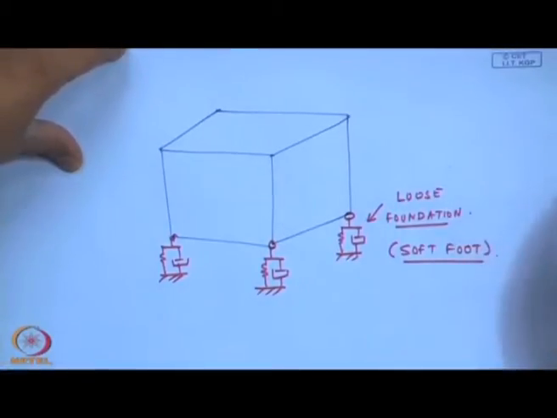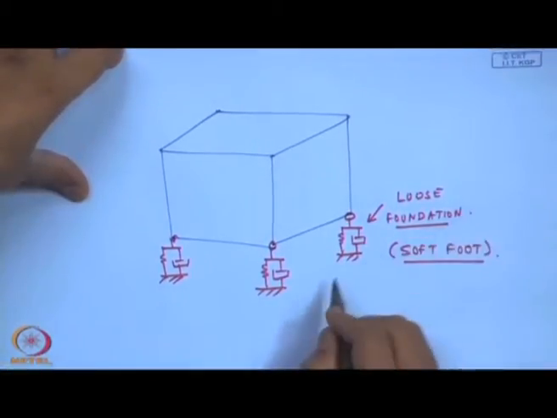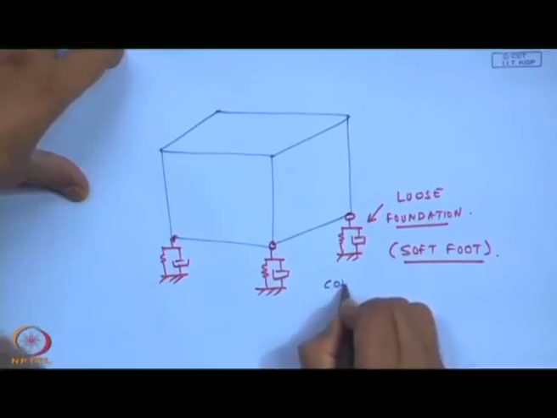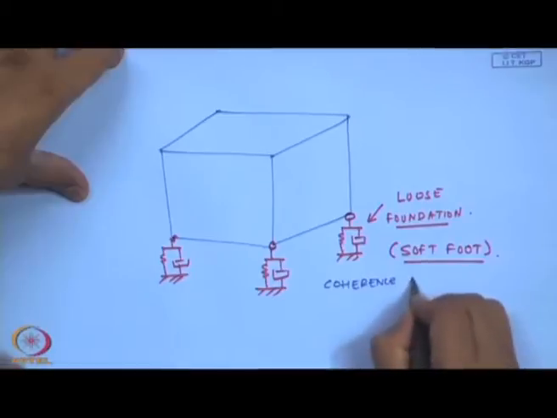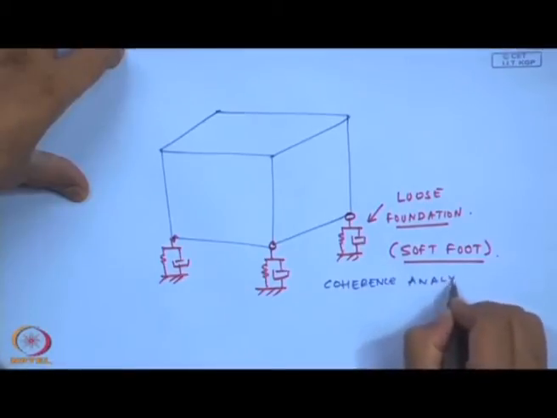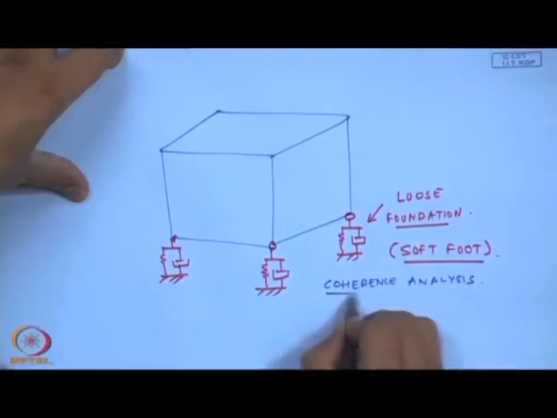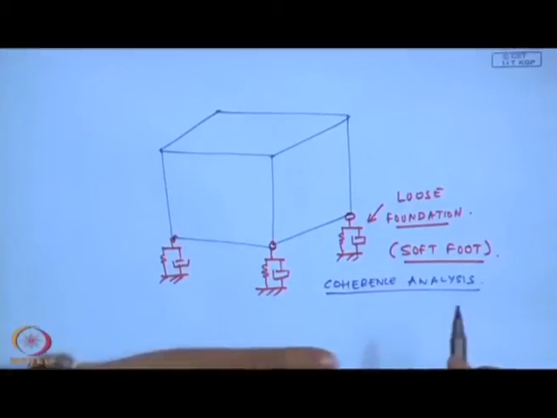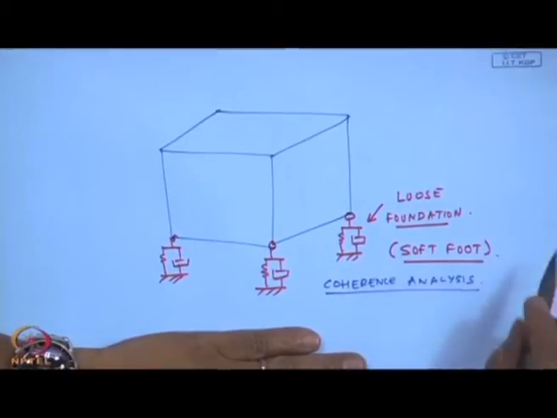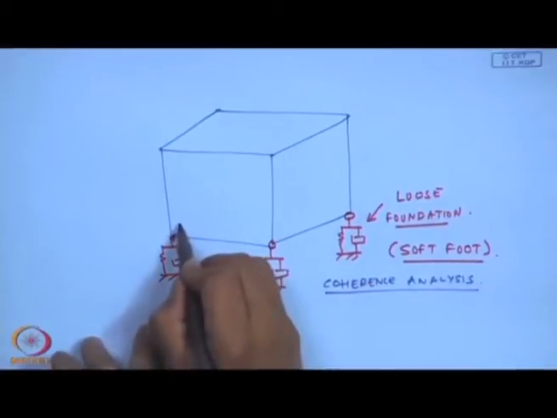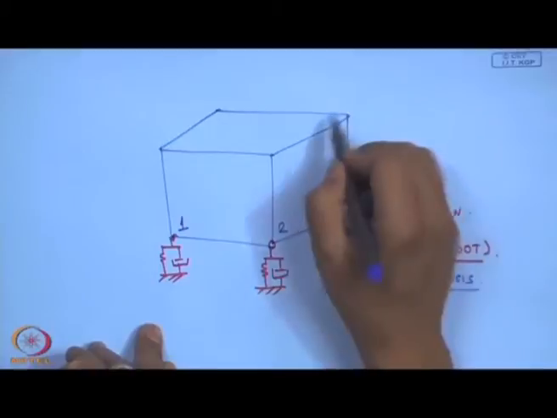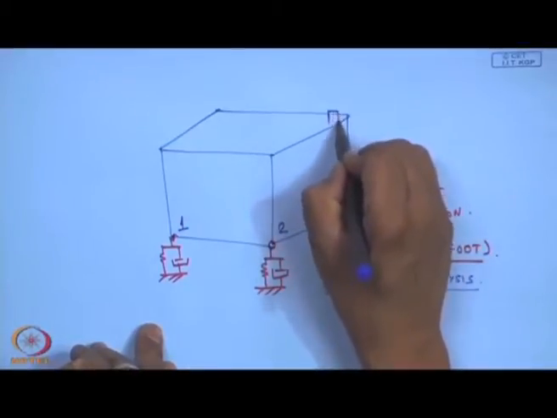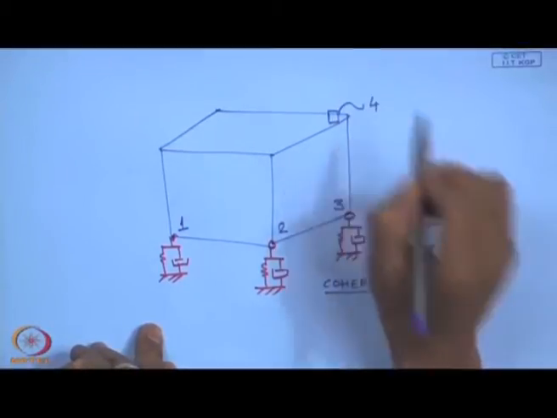Now, soft foot can be very easily determined by what is known as coherence analysis. Okay. And how this is done is, suppose I name the locations 1, 2, 3, and suppose I have another transducer at location 4.